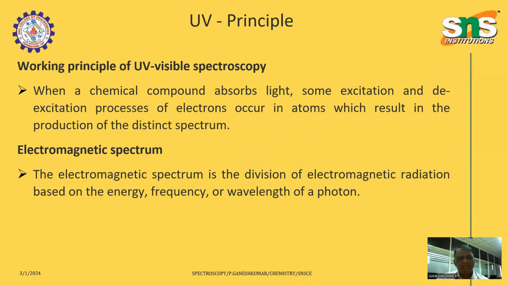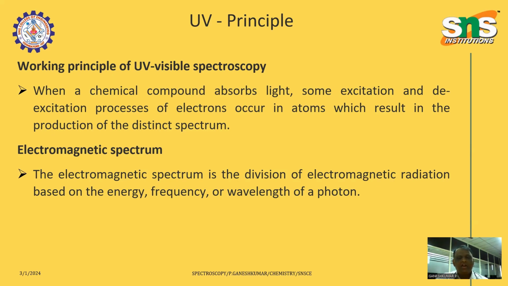So the basic working principle in ultraviolet spectroscopy is when a chemical compound absorbs light. This can be related to Beer-Lambert's law, which we explained in the previous session. The Beer-Lambert's law is a relation between absorption and concentration.